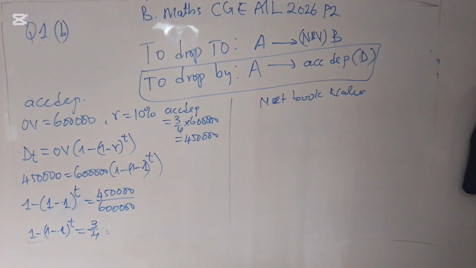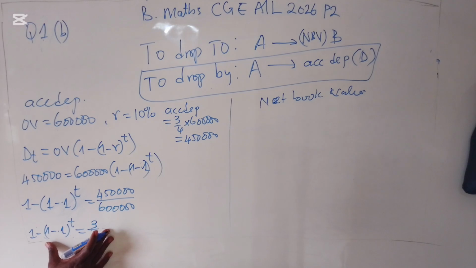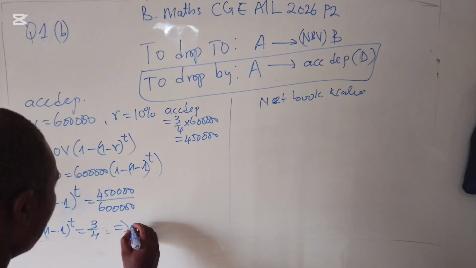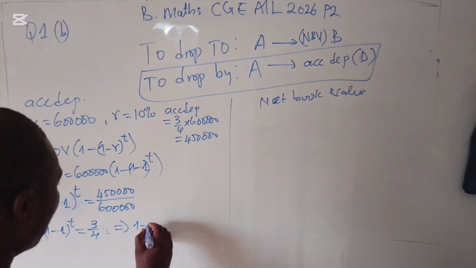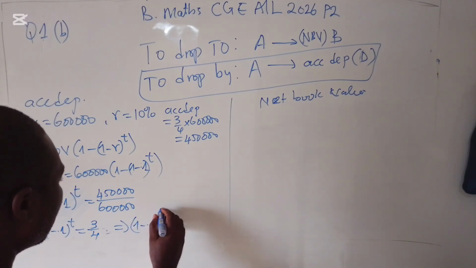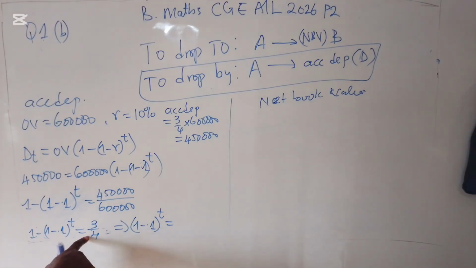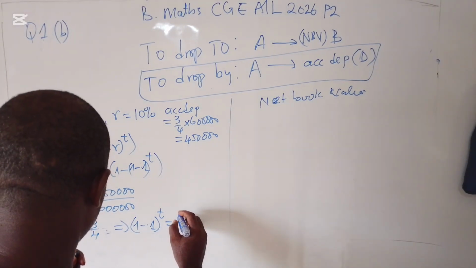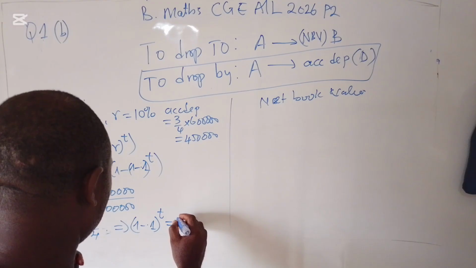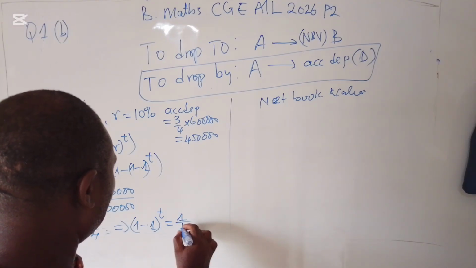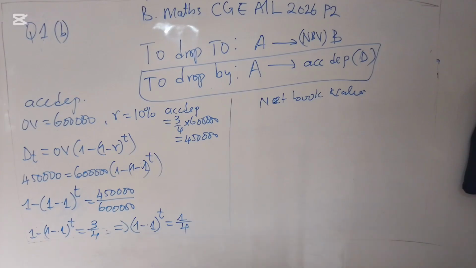Now if we bring like terms together, we have (1 minus 0.1) to the power T is equal to 1 minus 3 quarters, which is equal to 1 quarter.